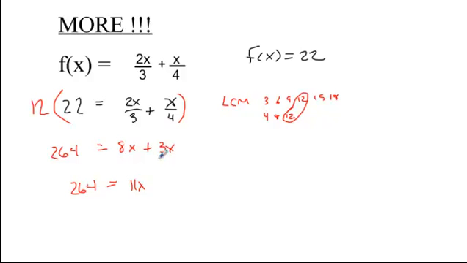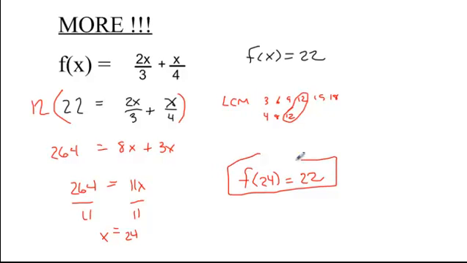Divide both sides by 11, and we get x is equal to 24. So that means that f of 24 is equal to 22. So that's different. This time I gave you the output, and you had to see what the input was. You had to solve for x.